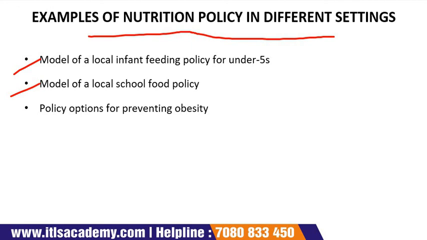These are the partners in this model. As for the strategies and actions that should be taken, you can provide fruit in tuck shops, and healthy food awards are one of the strategic plans for implementing a local food and nutrition policy in school.